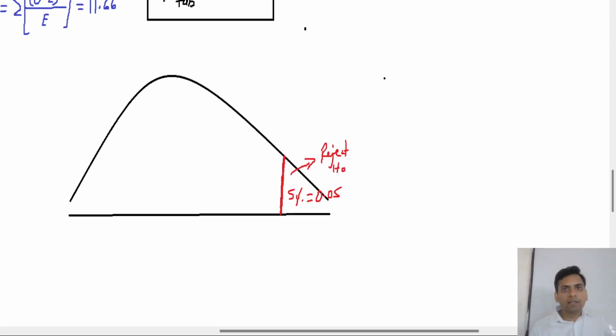Clear? And the rest of the area, the 95% area, is for acceptance of H0. This region is for acceptance of H0.